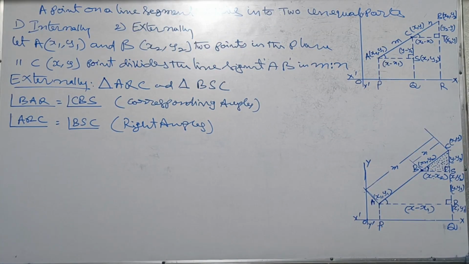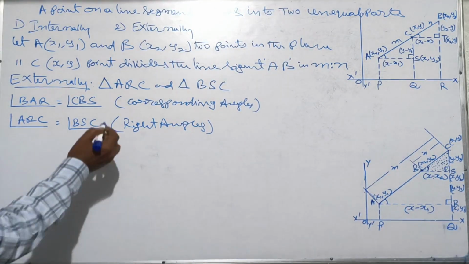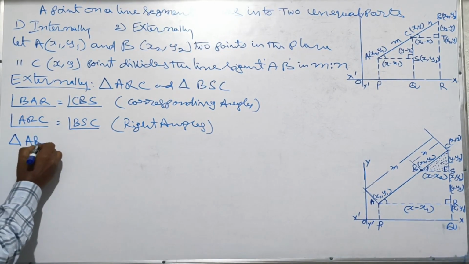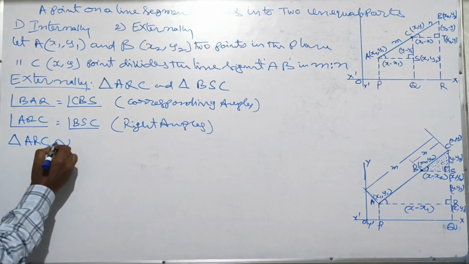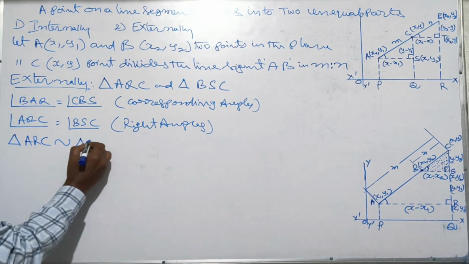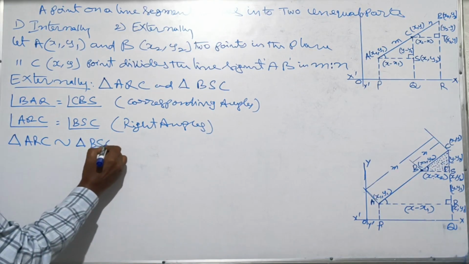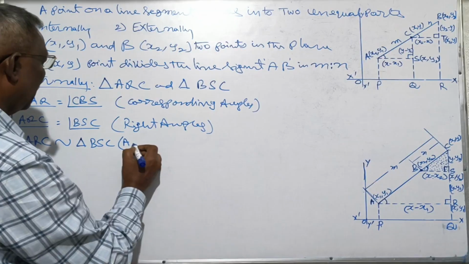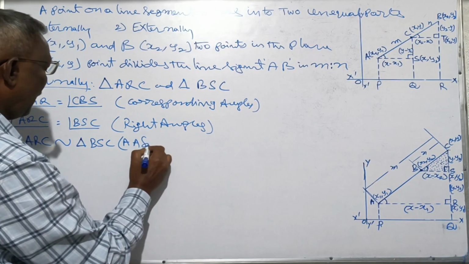Both triangles are similar. So triangle ARC is similar to triangle BSC by AA similarity.